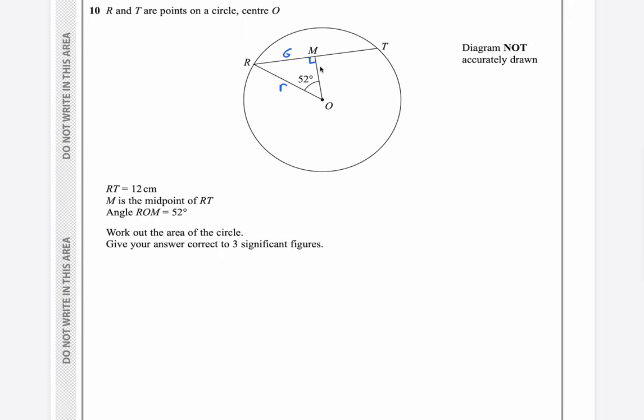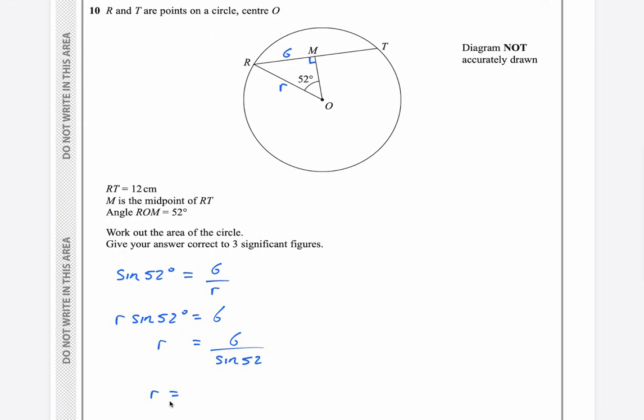And once I know that's a right angle, I can use SOHCAHTOA. So my SOHCAHTOA is sine 52. I'm choosing sine because I have the opposite and I want the hypotenuse. That's the opposite, that's the hypotenuse. So sine 52 is opposite 6 over hypotenuse R. And then rearranging, R is equal to 6 over sine 52.